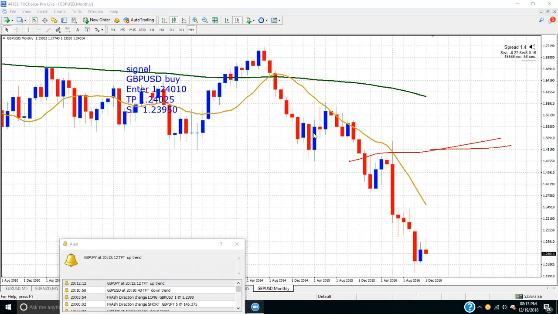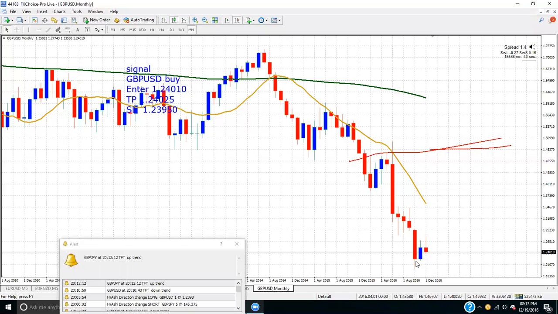If you'll notice, this pair has been in a sell trend. Everybody knows that when price is dropping, that's a sell. And when price is going up, that's a buy. You can change your candles any color you want. I do like the red and blue. That just signifies to me sell and buy.